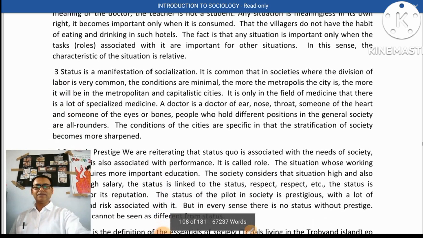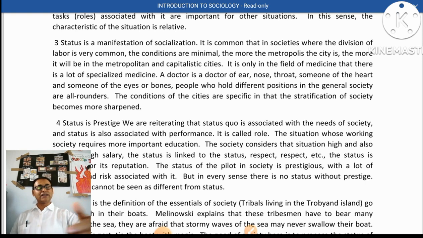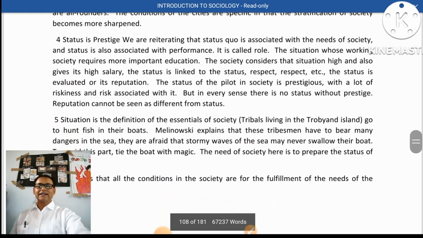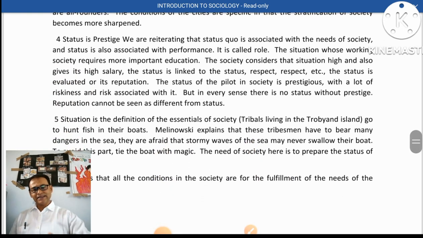A status is a manifestation of socialization, and it is common that in societies where the division of labor is very common, the statuses are numerous. The more metropolitan and capitalistic the city is, the more statuses there will be. A status is prestige.